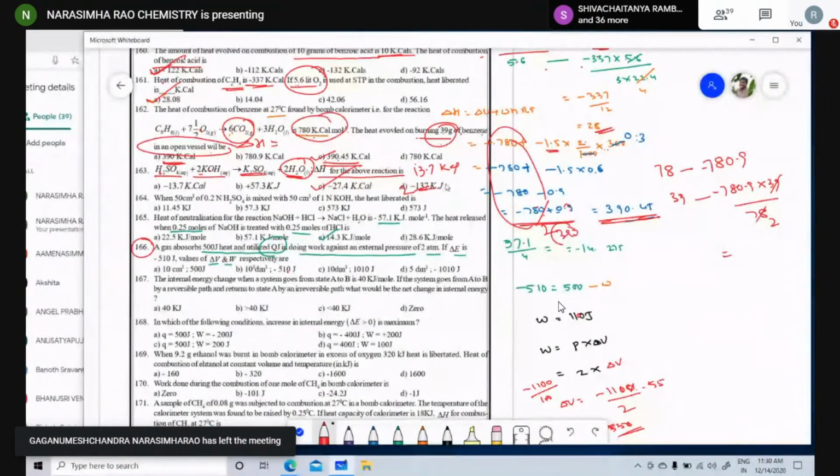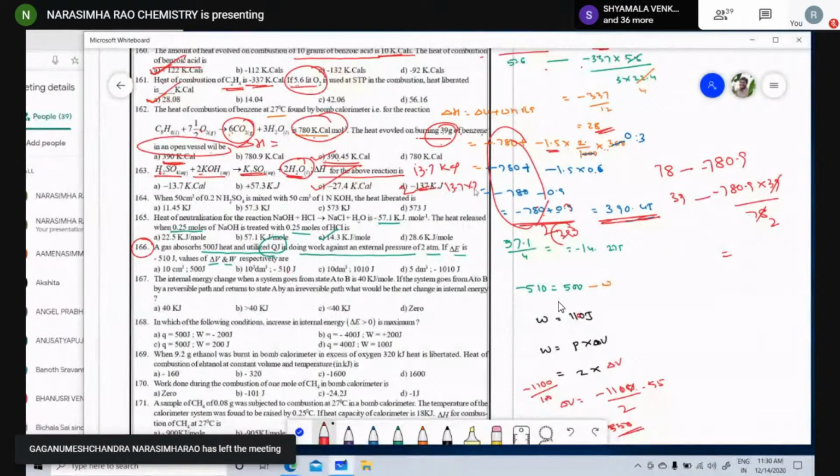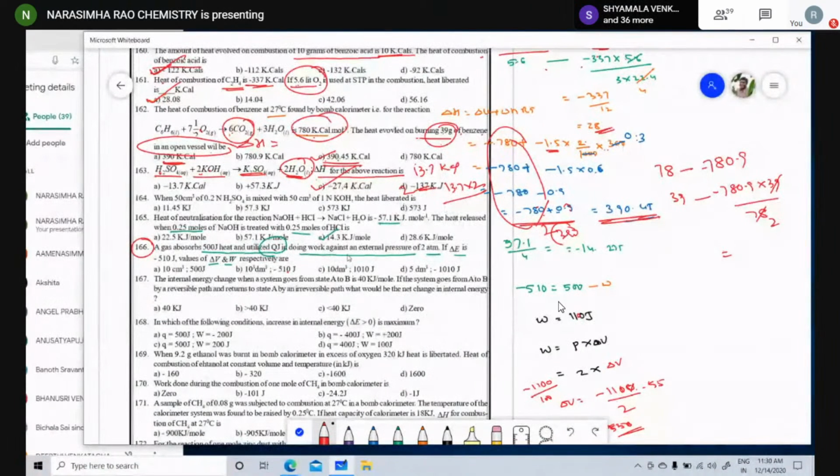Clear now? Yes, sir. Into 2. 27.4. Now, when 50 cc of 0.2 normal sulfuric acid is mixed with 50 cc of 1 normal KOH, the heat liberated is?